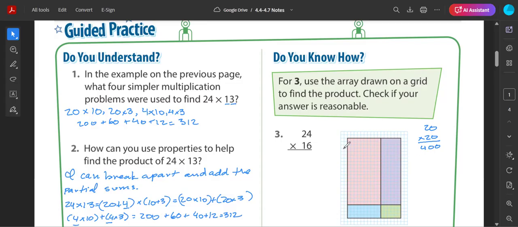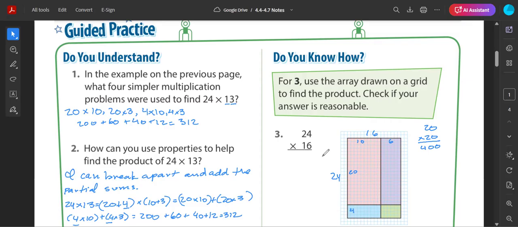Now, looking at this array, the longer one we said was going to be 24. The shorter one is going to be 16. And so now we know this is 10 and 6, and this is 20 and 4.